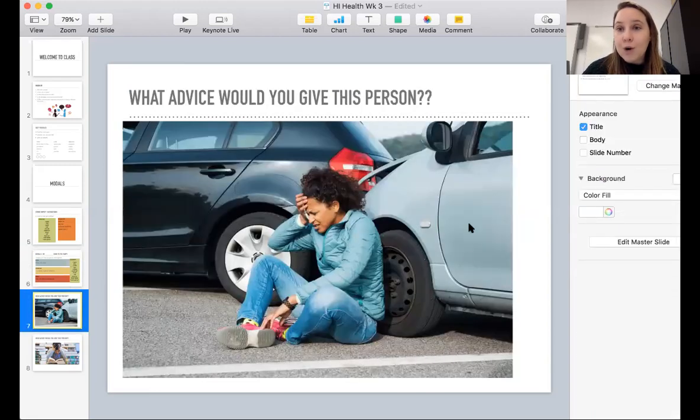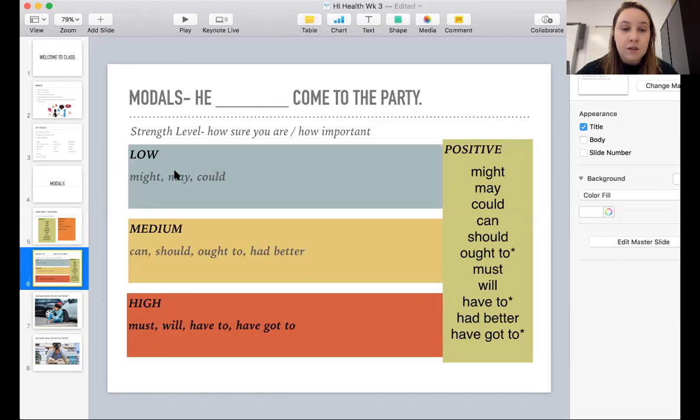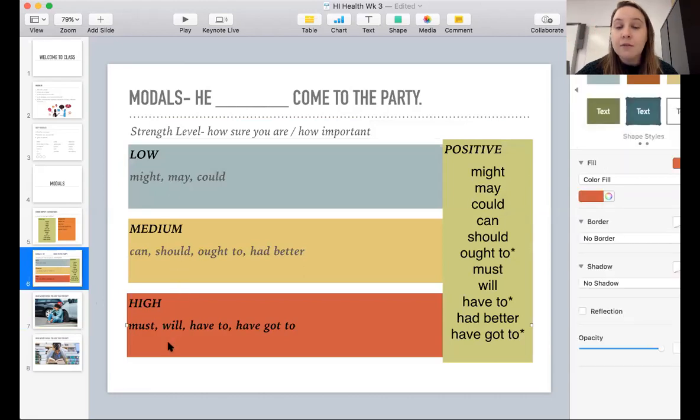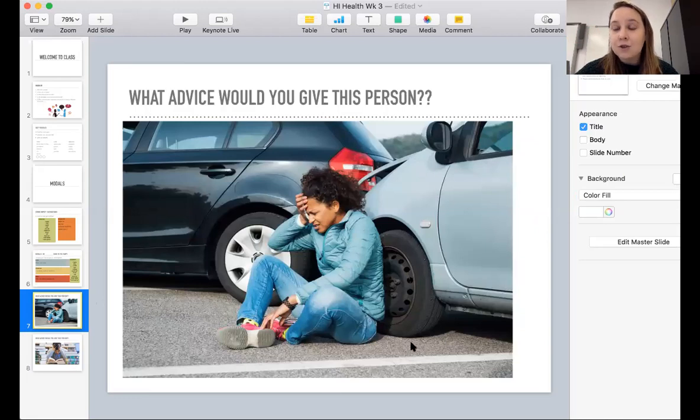So for homework, I want you to write at least 5 sentences giving advice to this person using modals. So 5 sentences using modals. So low, medium, and high level modals to give advice to this person.